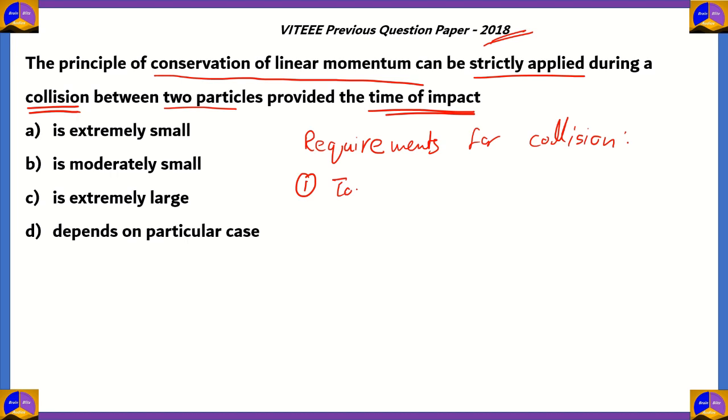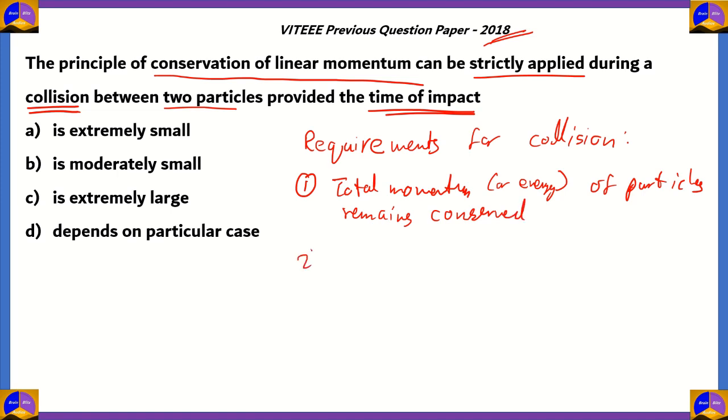Number one, the total momentum or energy of particles gets conserved. So conservation of momentum takes place in a collision.